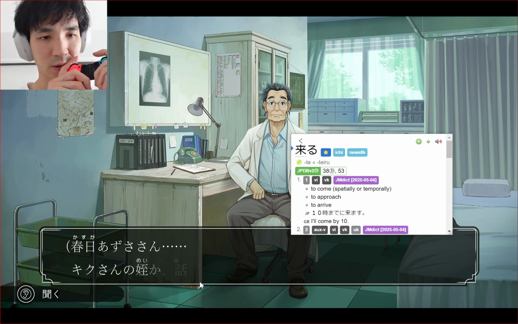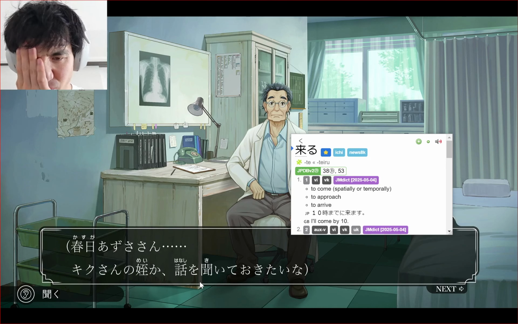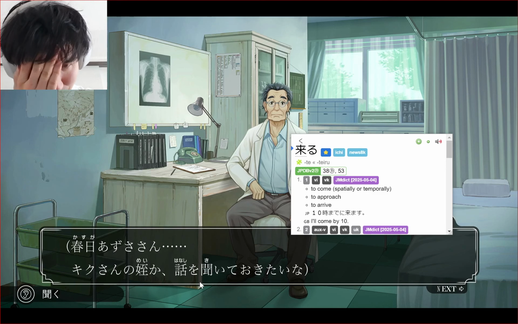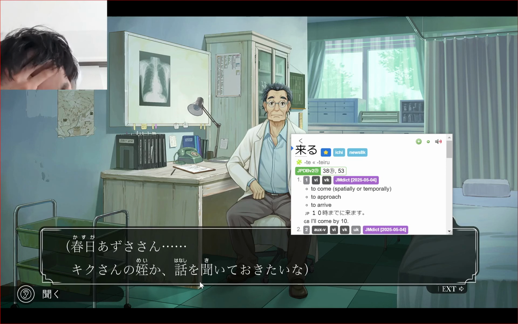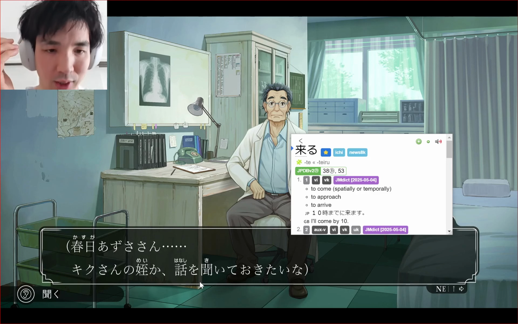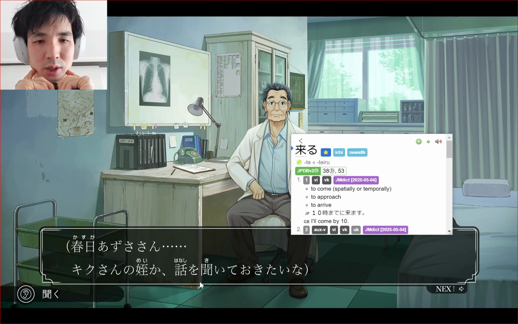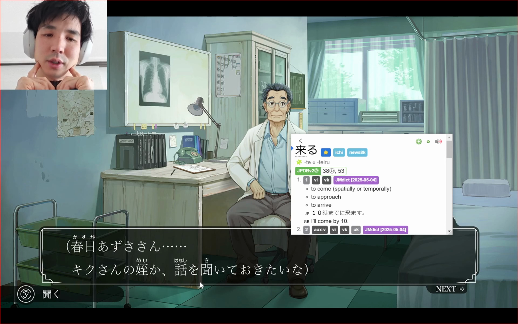Kasuga Azusa-san. Kiku-san's niece? I'd like to hear her story. Oh, so this is the niece. I want to ask about her story.